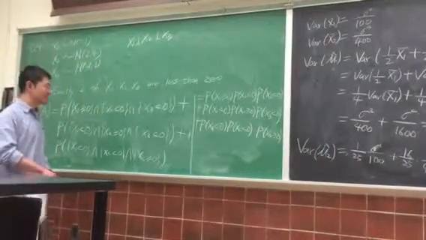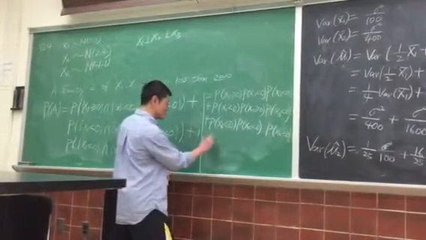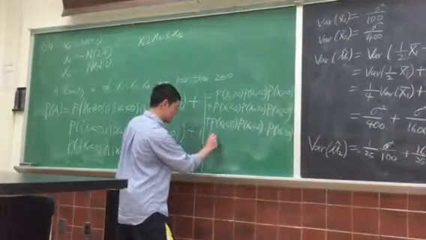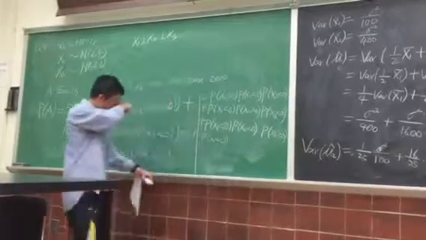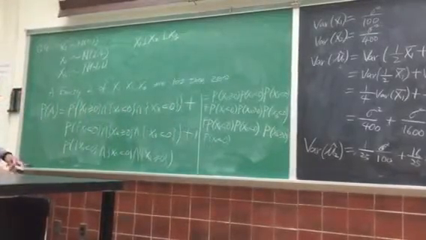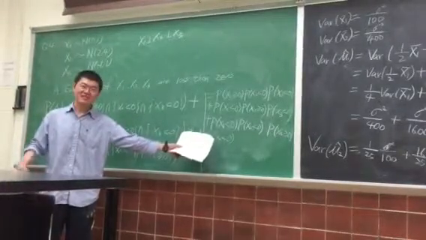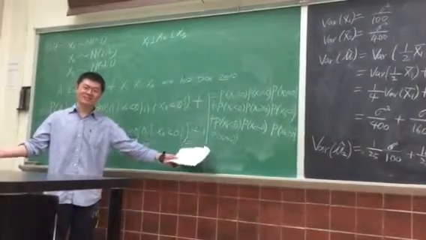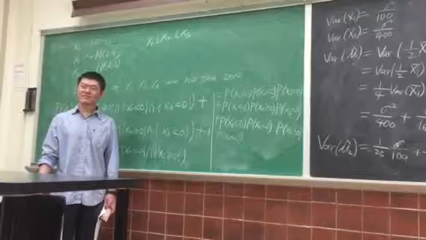I don't want to write it down in detail, so you should know how to find this probability because they are all normal, so we can standardize it. And after you standardize it, you use the normal distribution table to find the probability.